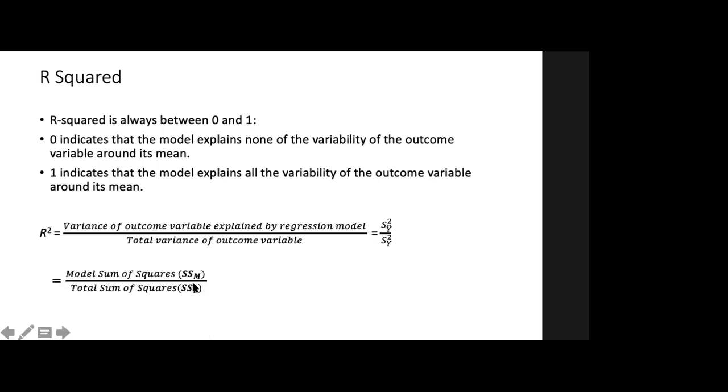That can also be expressed as the model sum of squares over the total sum of squares. That term should sound familiar to you. Typically sums of squares are introduced when you're talking about analysis of variance, ANOVAs. But actually, you can use that concept when you're talking about any linear model.